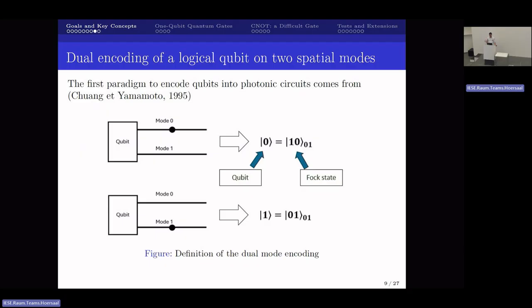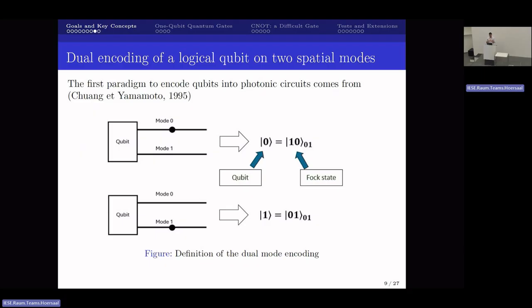So you have a Fock state, and on these two modes, you will need only one photon, because if you have more than one photon, then it does not represent a qubit state in this encoding.